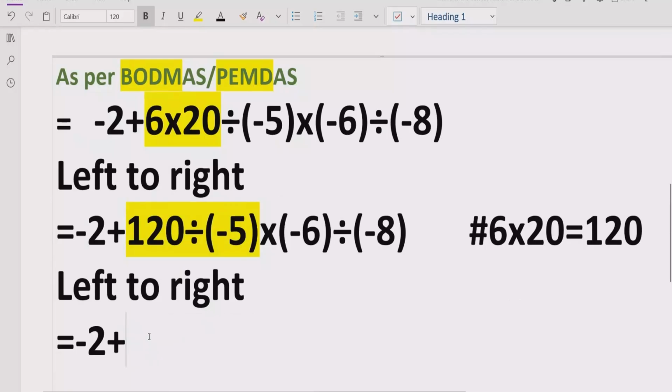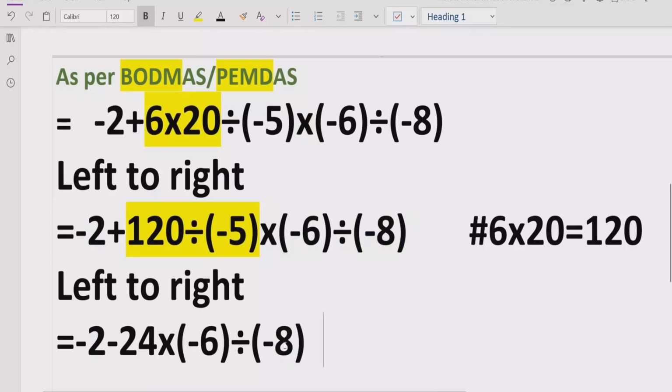So 120 divided by minus 5 is 24, but here we have the minus sign, so minus 24. Now move forward for multiplication, minus 6 divided by minus 8. We will write here as it is. And here we give the reference: 120 divided by minus 5 equals minus 24.